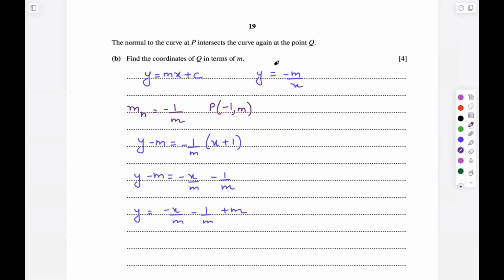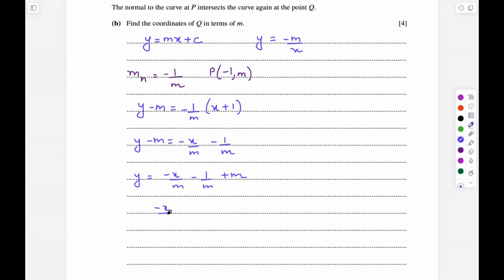Now to find the other coordinates, which will be the coordinates of Q, we'll solve the equations simultaneously. So equating the equation of the normal with the equation of the curve, we'll get minus x upon m minus 1 upon m plus m is equal to minus m upon x.